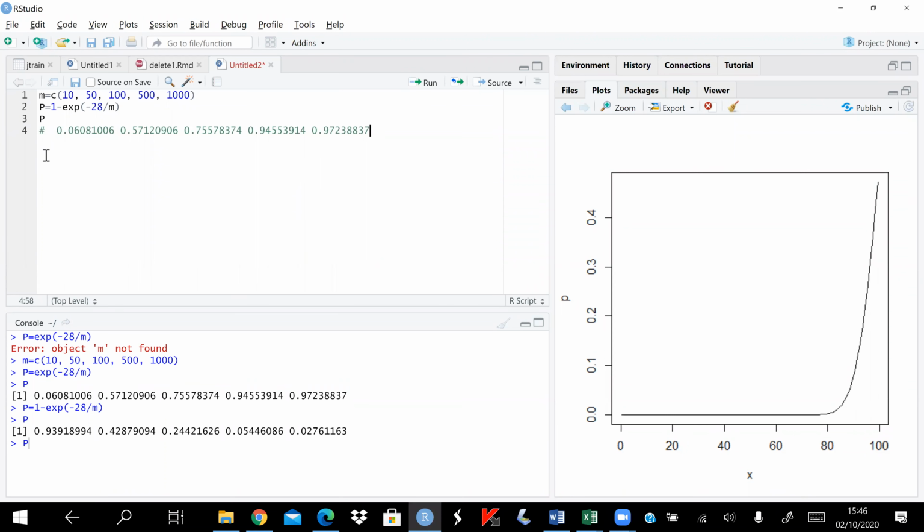So our Z value is 120.5 minus 100 divided by the square root of 50. So this is our new test statistic, our new Z.